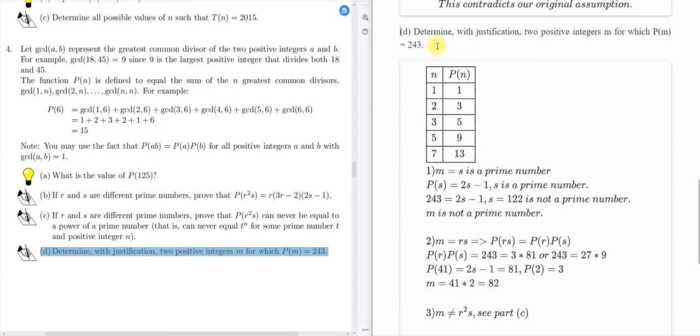Okay, let's see part D. Determine with justification two positive numbers m for which pm equals 243. Okay, 243.